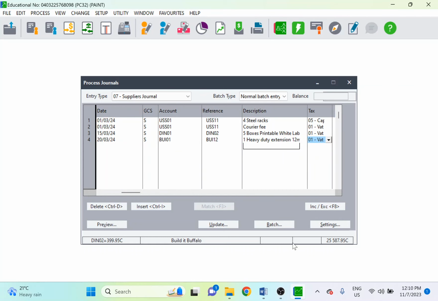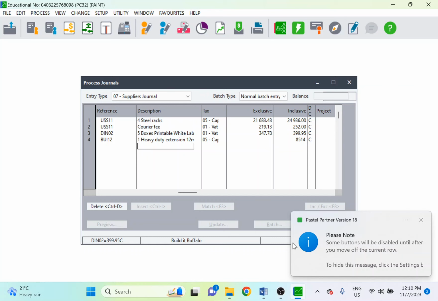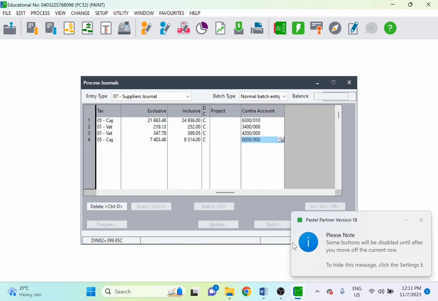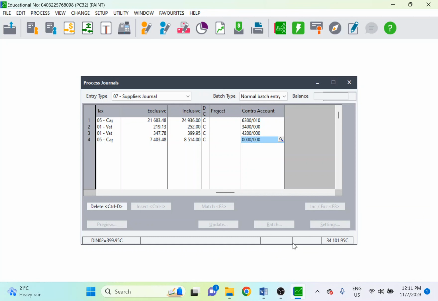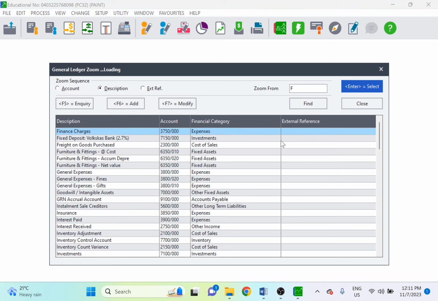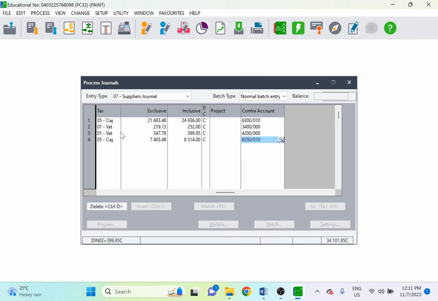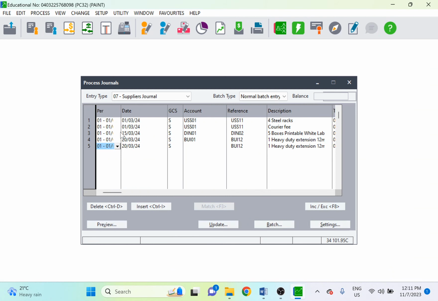So under tax it's assets, it's 05. Total amount 8,514. Under contra account, we are going to search for furniture and fittings at cost. We are done with that transaction.